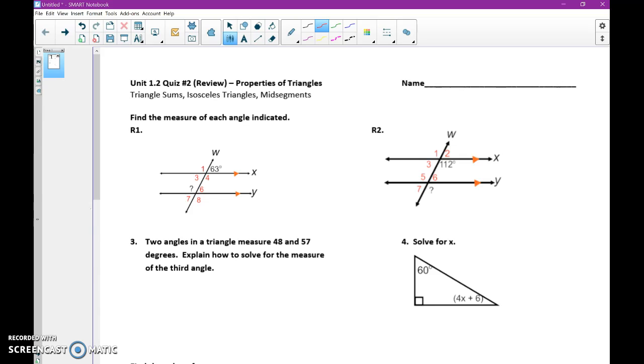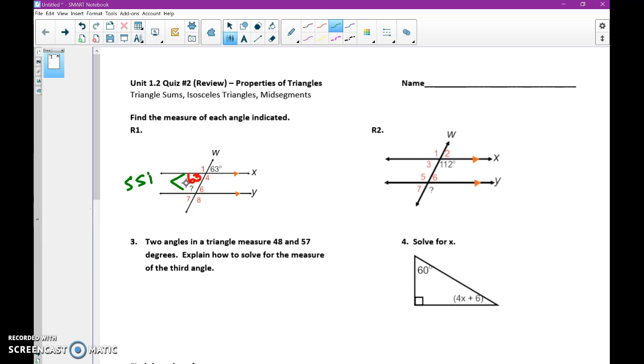I know that 63 degrees is also congruent to angle 3 because those are actually vertical angles. So I'm going to mark that as 63 degrees. Those are congruent. Now I've got a relationship here because this missing angle and this angle 3 spot that I just marked 63 degrees, those ones are same side interior angles, which means they have to add up to 180 degrees.